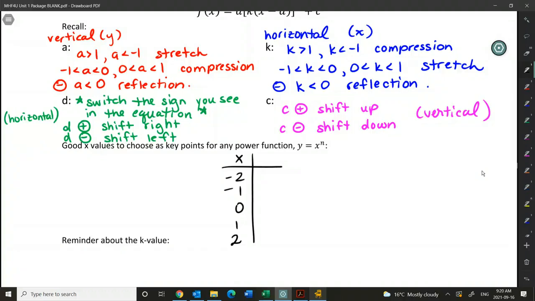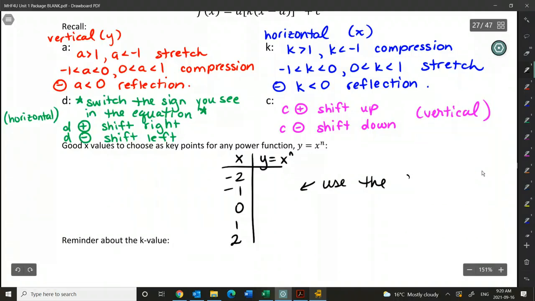Then I find the y's by plugging into whatever the parent function equation is. So I will sub in the x's into y equals x to the n, whatever that n is. So you use the parent function and calculate the y's.